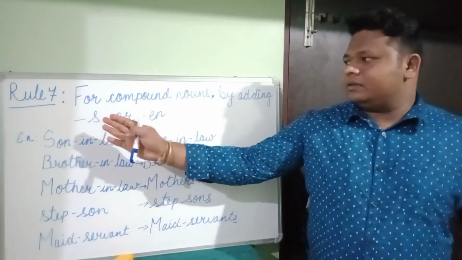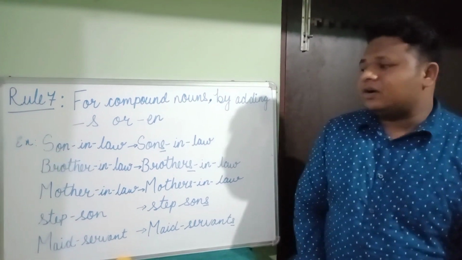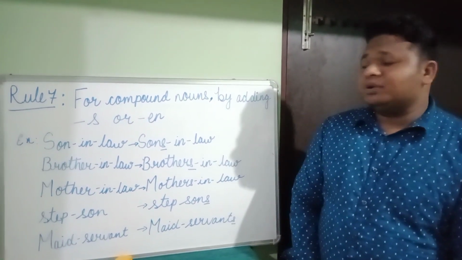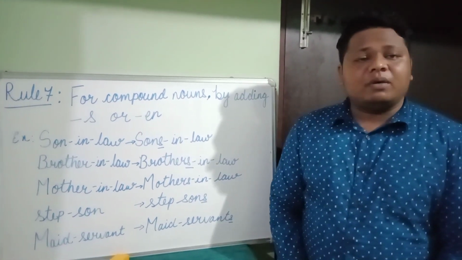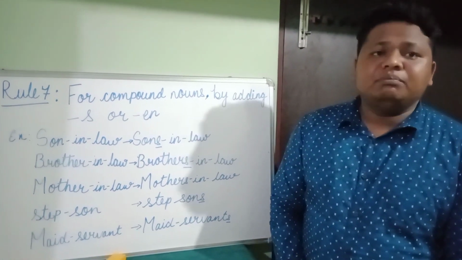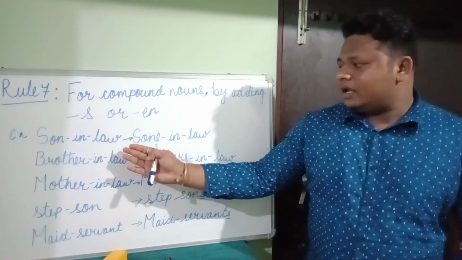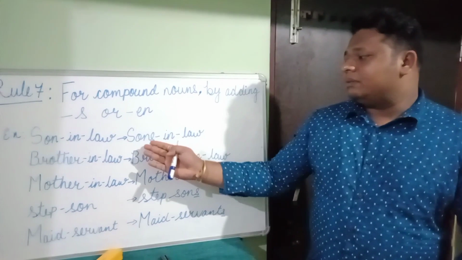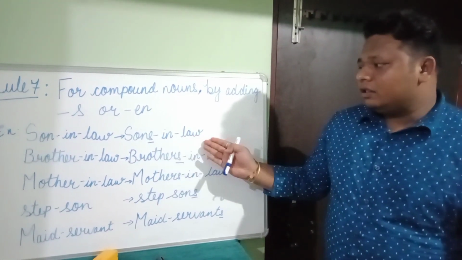Rule number 7: for compound nouns, by adding s or en, we make the plural forms. Let us see some examples of compound nouns and their plural forms. Son-in-law. It's a compound noun. The plural form of son-in-law is sons-in-law.